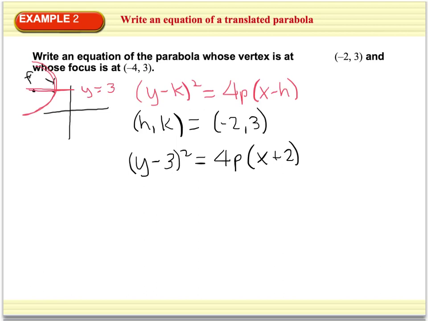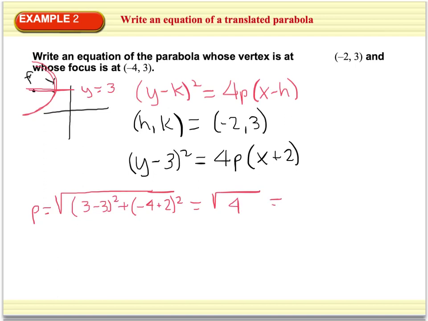And if you recall, the distance is equal to the square root of 3 minus 3 squared plus -4 minus -2, which becomes plus -2 squared. So when I simplify this, and here we're looking for a p-value, this is going to give me the square root of 0 plus -2 squared, which is 4. So my value of p is really 2.